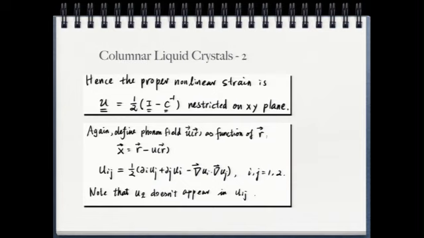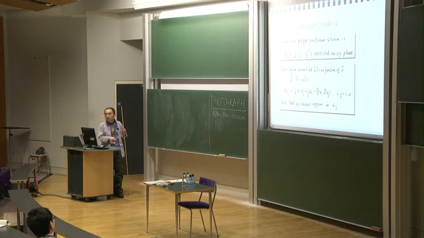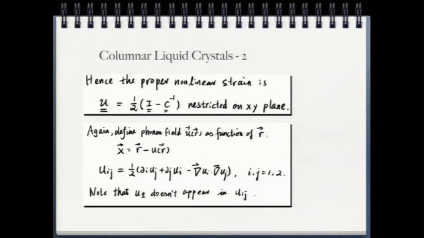Now if we insert the parameterization of phonon fields, we get this nonlinear strain. Here the indices of U_ij are restricted to 1, 2, or x and y, restricted onto the perpendicular plane. So only 2 components of the phonon field appear, not Uz. If we get Uz, then we did it wrong.